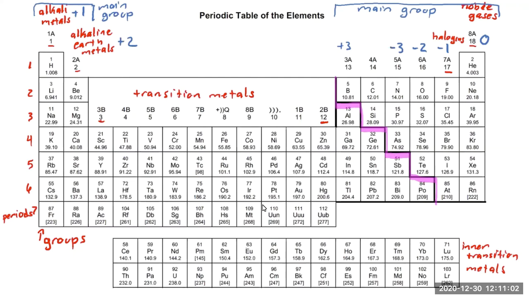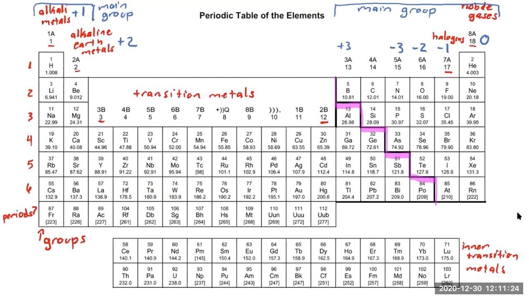Our metals will form cations, so everything in this region will form a positive charge when it goes through a reaction. Our non-metals, as you can see, form negative charges, so this is where the anions are located. And the elements touching the stair step, those are what we call our metalloids.